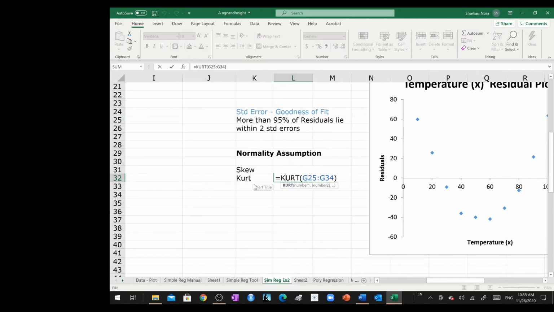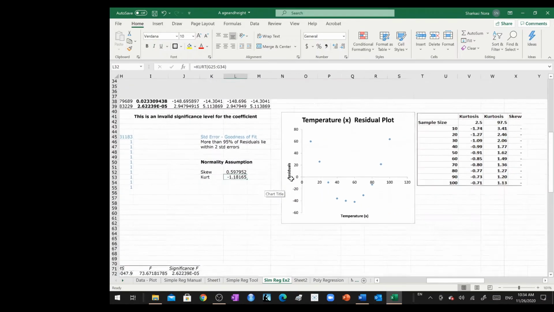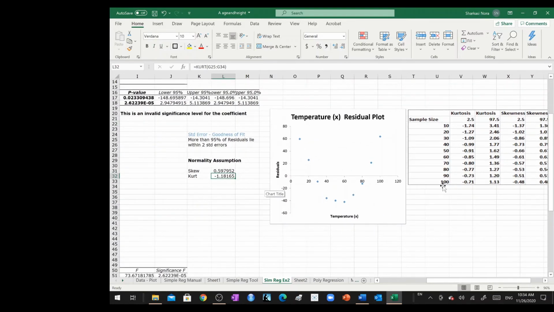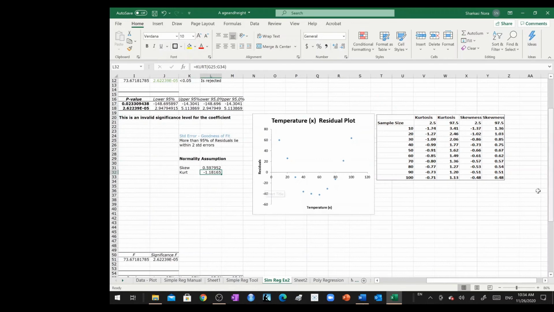Skewness and kurtosis are easily found functions in Excel. Usually the sample size for most research is 100 observations or more, and this is why in most resources they tell you the skewness should be between 0.5 and minus 0.5, somewhere around here.